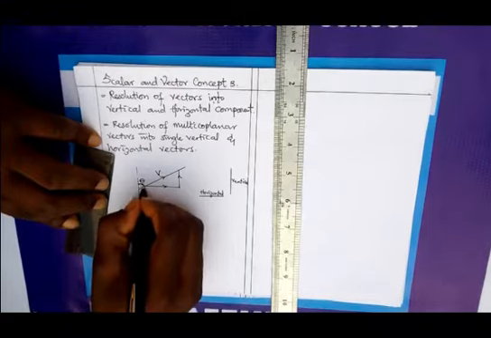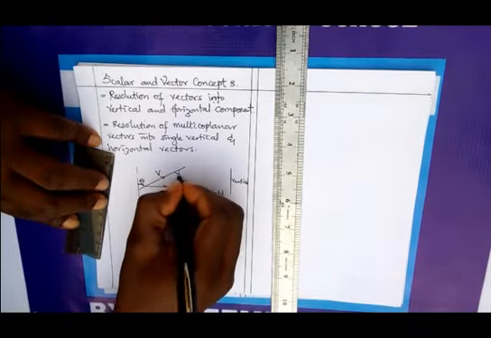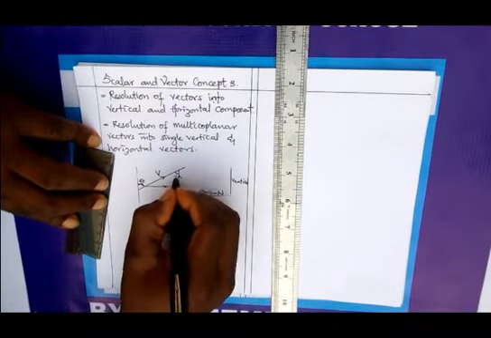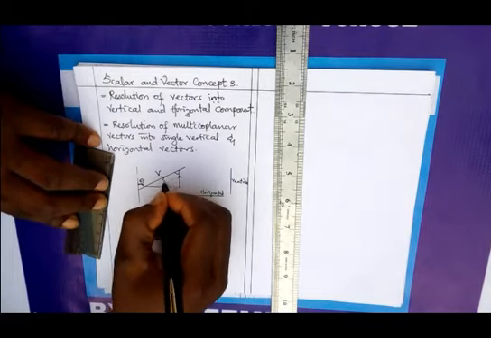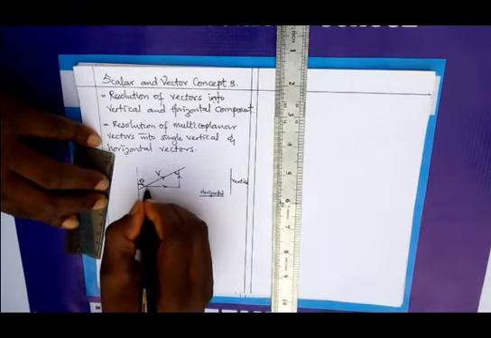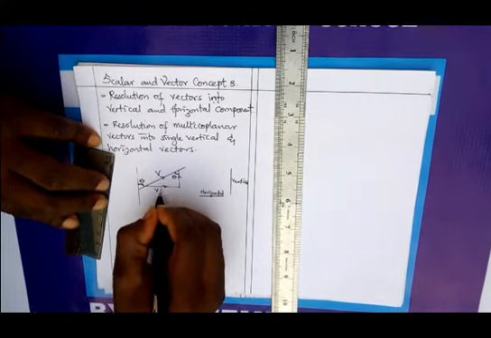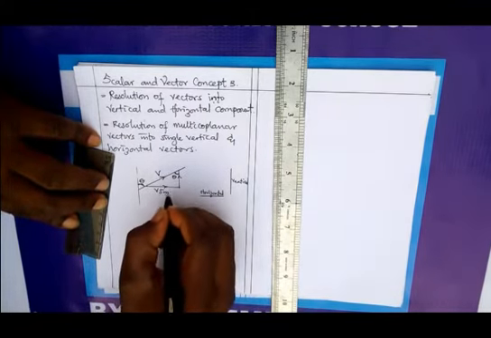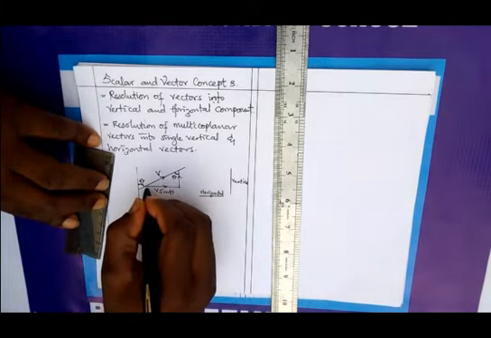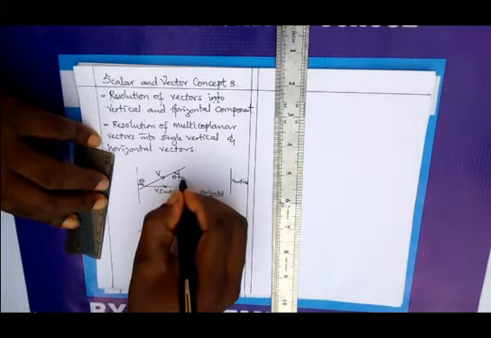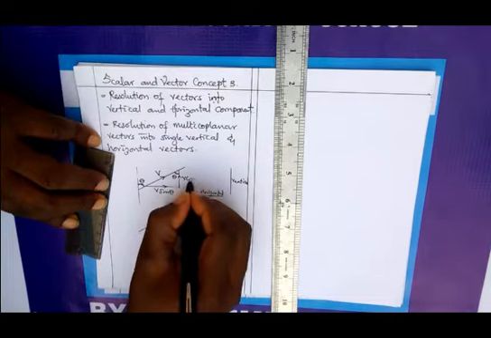So if this is angle theta, this is also angle theta, and this vector is v. The component that is facing the given angle theta is called v sine theta, while the other component will be called v cos theta.